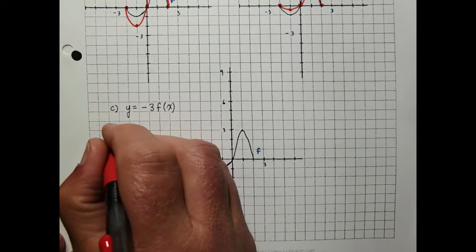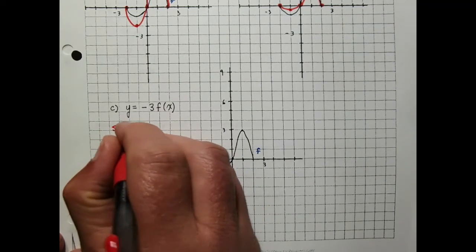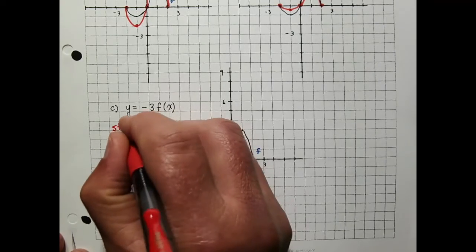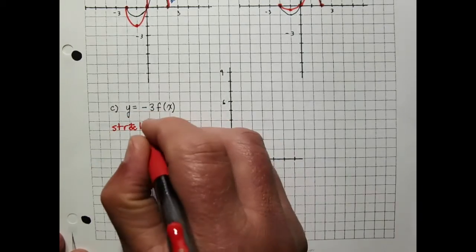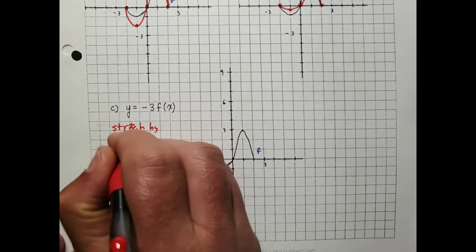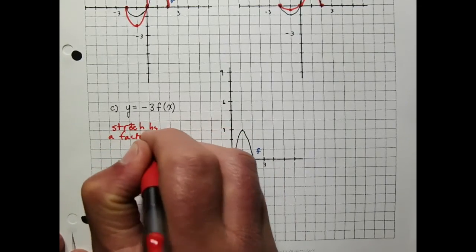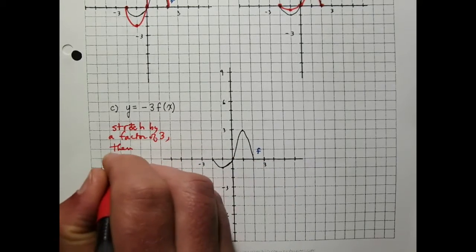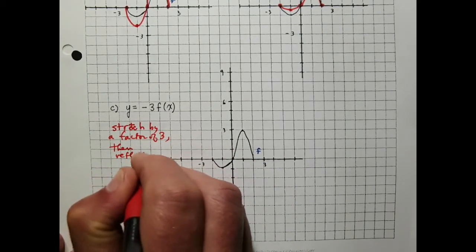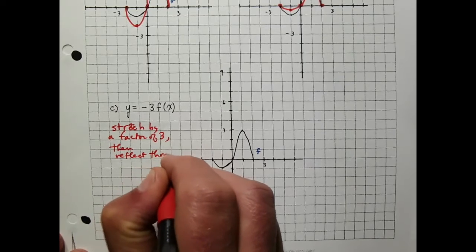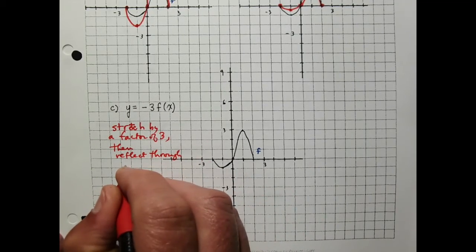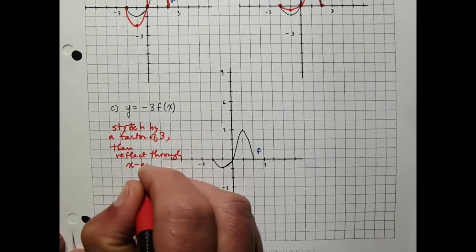So we're going to stretch by a factor of 3, then reflect through, let's see, when we have a minus sign on the outside we reflect through the x-axis.